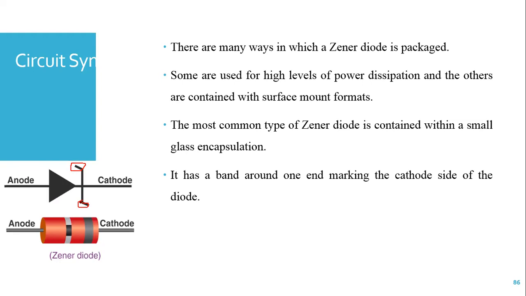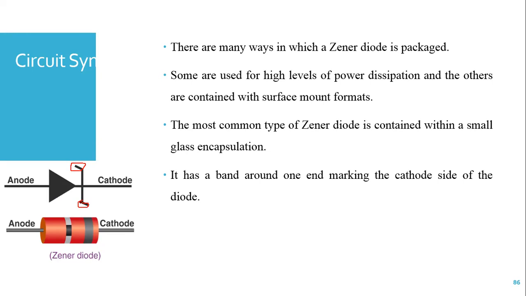There are many ways in which Zener diode is packaged. Some are used for high levels of power dissipation and others are contained in surface mount format. The most common type of Zener diode is contained within a small glass encapsulation.